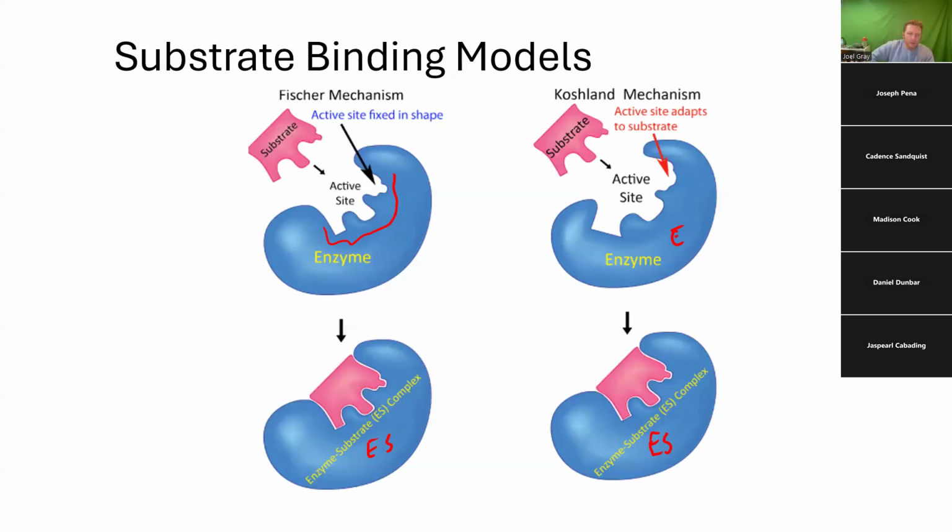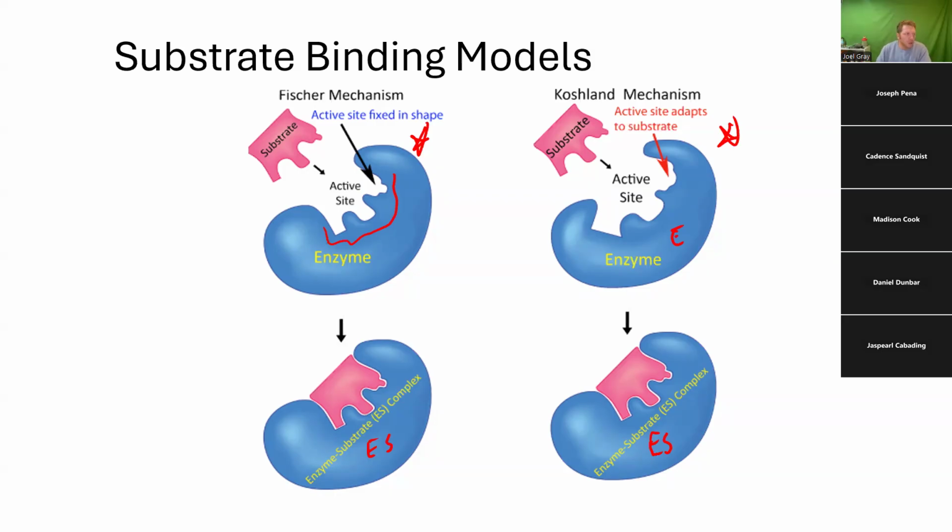Now, these two models are a little bit at odds with one another, but this is the sort of thing where you can't say one is true and the other is false, or one is good and one is bad. Are there some enzymes that support this model? Yes. Are there enzymes that support the other model? Yes.